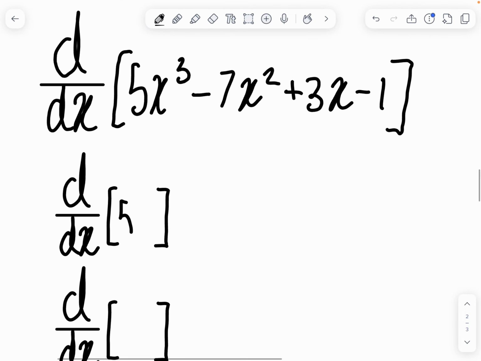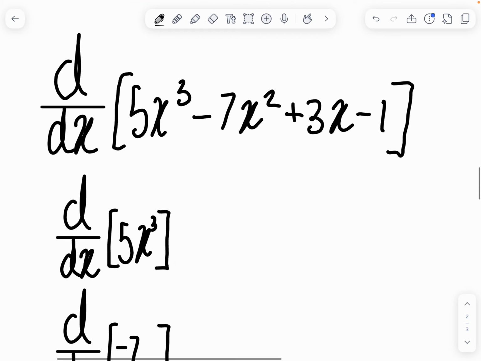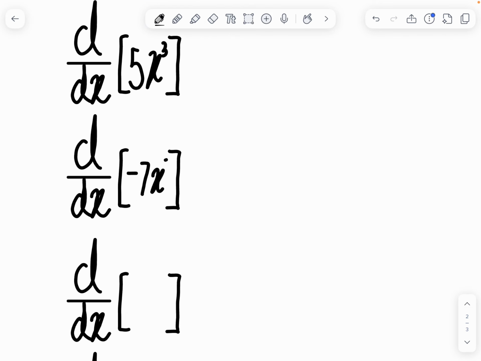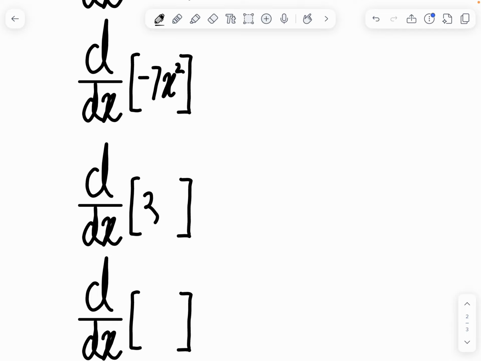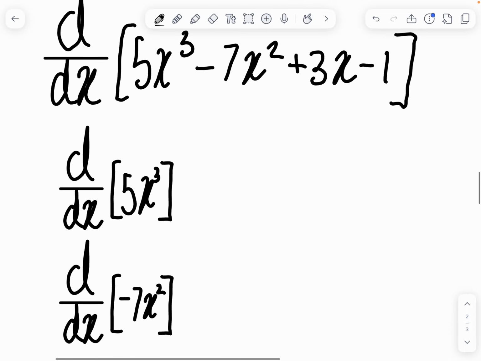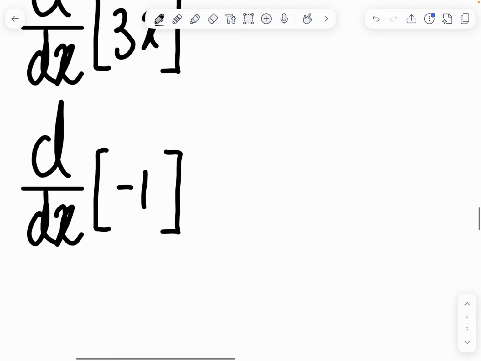So this becomes 5x cubed, negative 7x squared, plus 3x, minus 1. So just so you guys know, the derivative of any constant is always just 0.